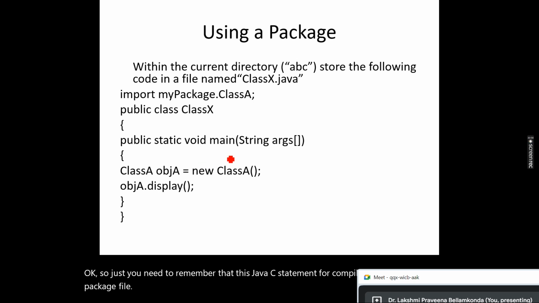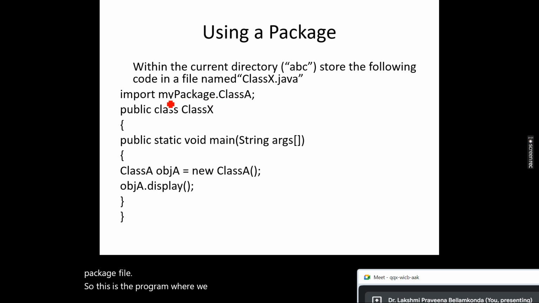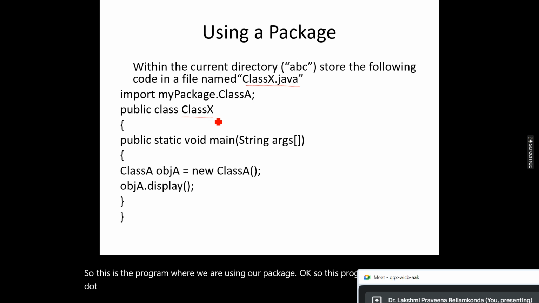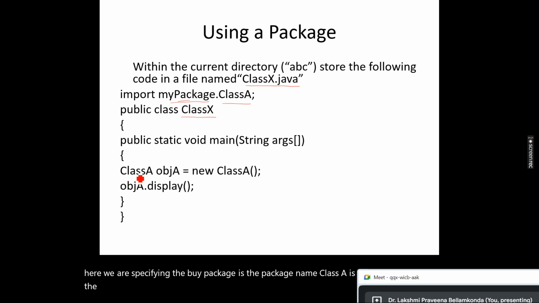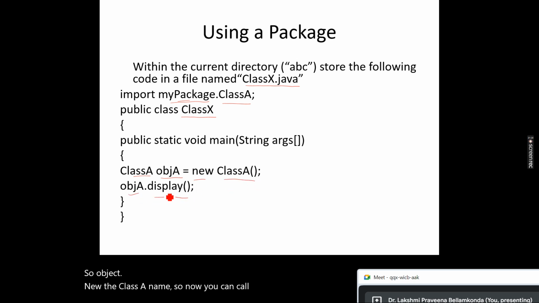So this is the program where we are using our package. This program is called class x.java because the class name is class x, so we save the file as class x.java. Here we are specifying my package as the package name, and class A is our class name. Within the main method we are creating an object for class A, new class A, so now you can call the display method of the class.